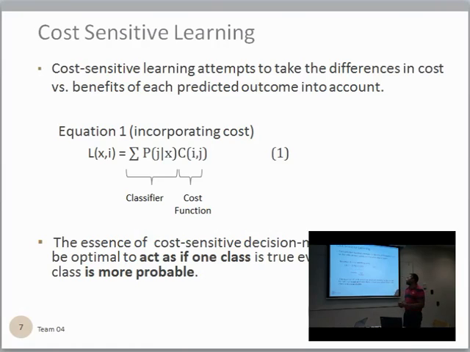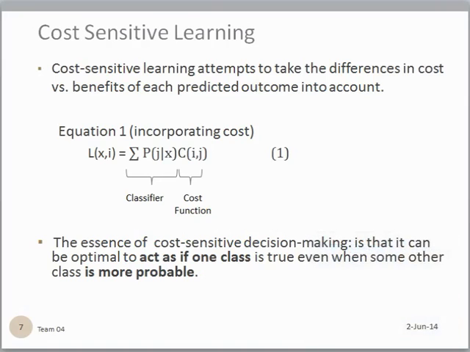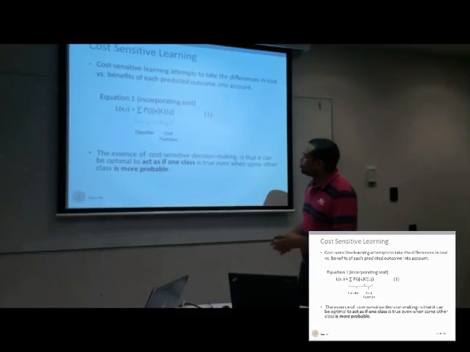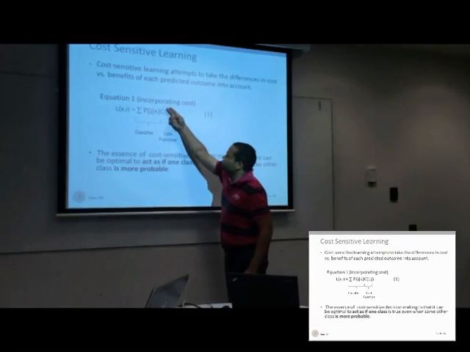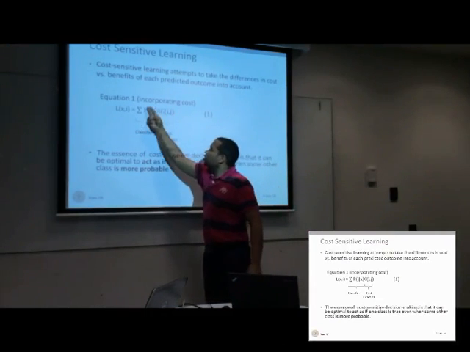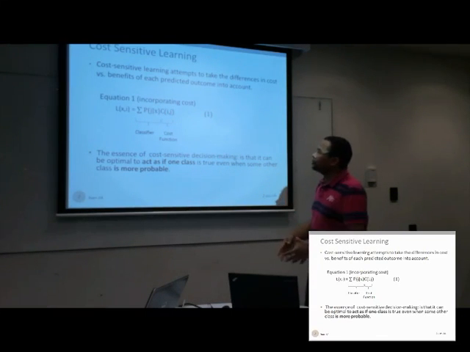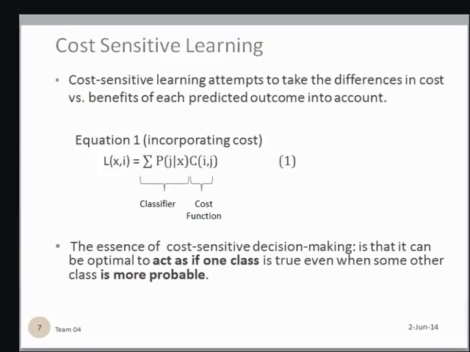Now, how is that achieved? From equation 1 in the paper, which we call the costing policy equation, we need to incorporate a cost, which we will soon show as a costing table, along with our probability estimates to make those optimized decisions.